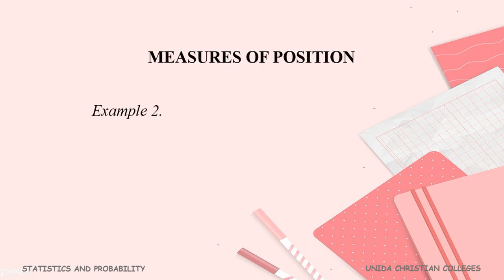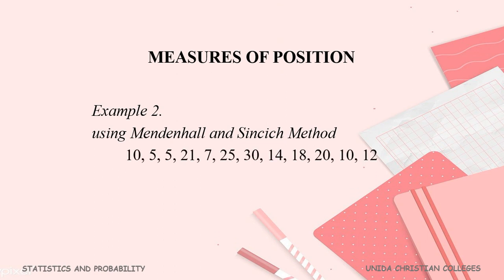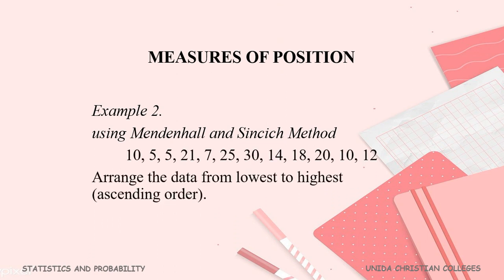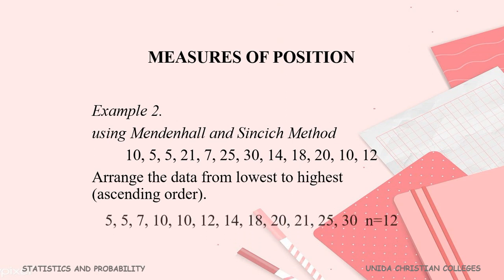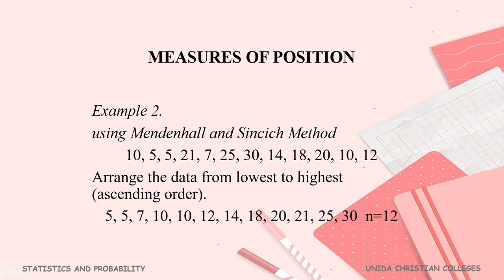Next, let's have example number 2. Same pa din, using the Mendenhall and Sinsich method. So, given po natin is 10, 5, 5, 21, 7, 25, 30, 14, 18, 20, 10, and 12. And we will arrange the data from lowest to highest, which is our step number 1, or in ascending order. Your n will be equal to 12.